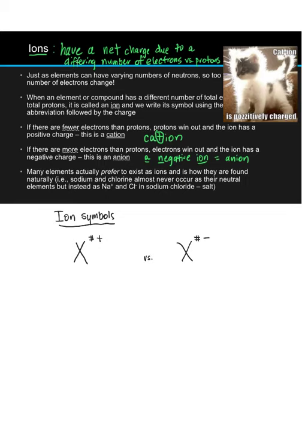This number is a charge magnitude, and it tells us how many positive charges or how many negative charges a particular element has. More explicitly, it tells us how many electrons have been lost or gained by an atom to make a particular ion.